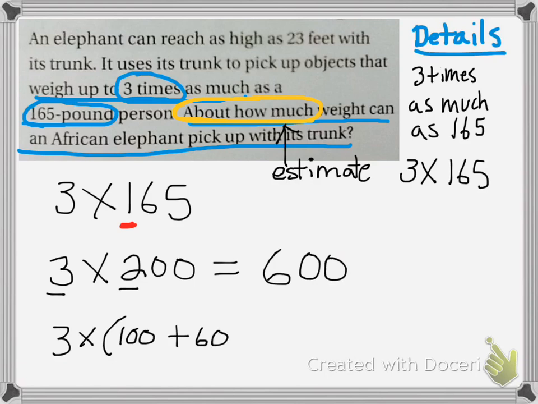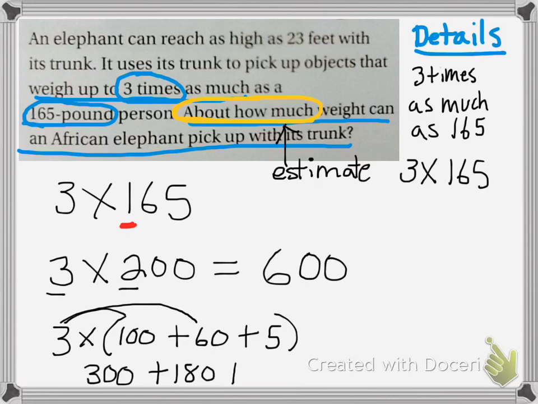You don't have to do this, but I thought it might be interesting for you to see. And then I'm going to do 3 times 5. 3 times 100 is 300, plus 3 times 60 is 180, plus 3 times 5 is 15.